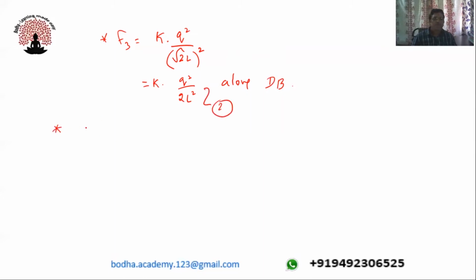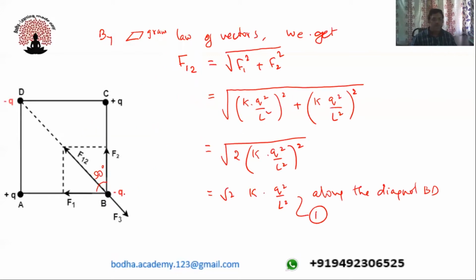Now the resultant force on the charge at B is given as follows. You can observe that the charge at B experiences a force F12 due to the charges at A and C. Also, it experiences a force F3 in the opposite direction to F12. Therefore, the resultant force is given as F12 minus F3.